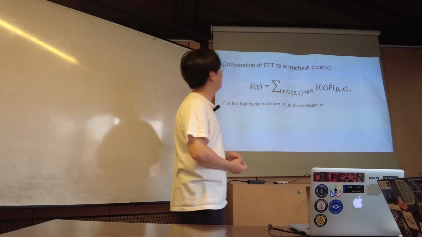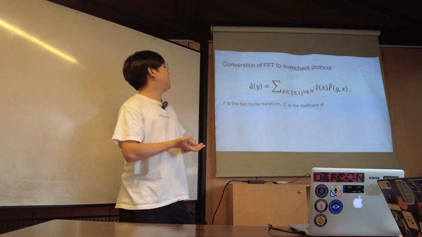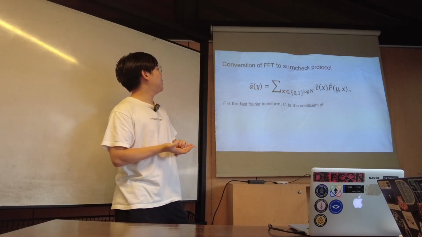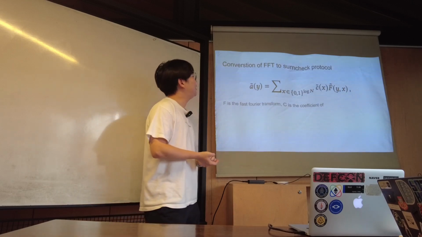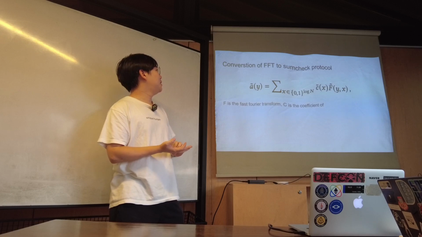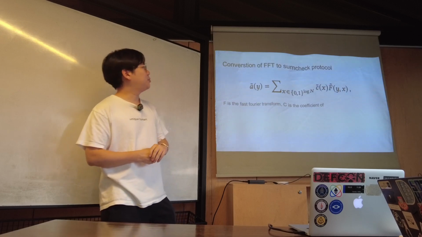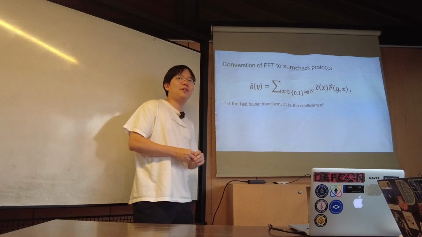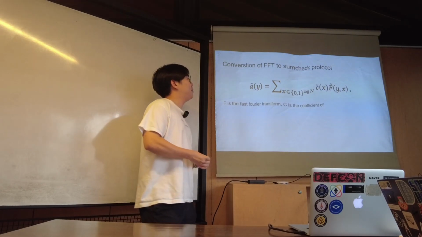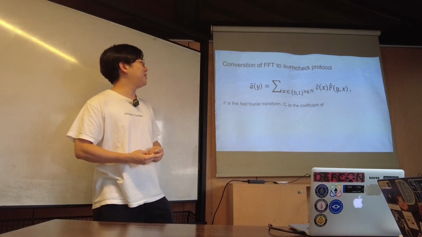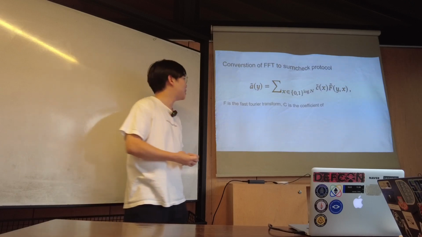So I think this is where my presentation probably ends. The conversion of the fast Fourier transform to a sum-check protocol is probably what I should be talking about, but that's as far as my presentation goes.